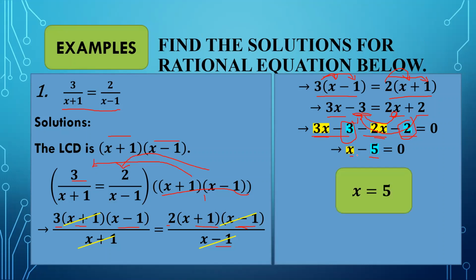So we have x equals 5. Why 5? Since if we transfer negative 5 to this side, the negative will become positive. That is by transposition or by additive inverse. So therefore, the solution for this one is x equals positive 5.